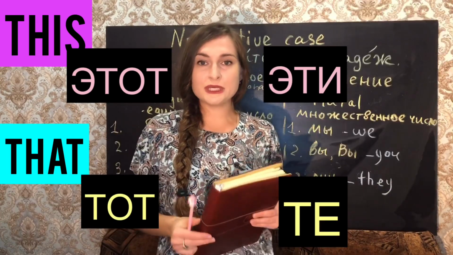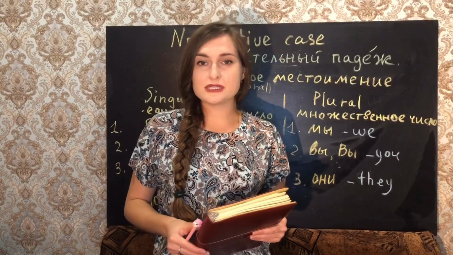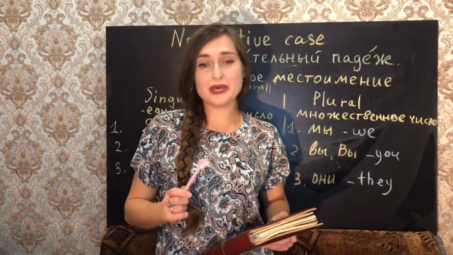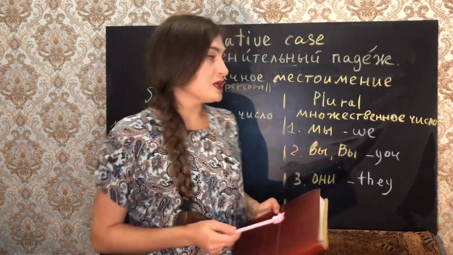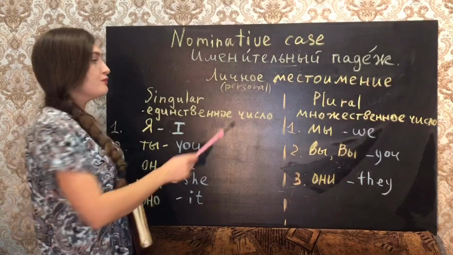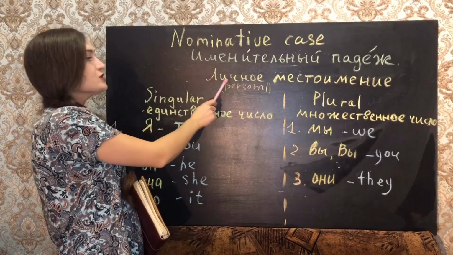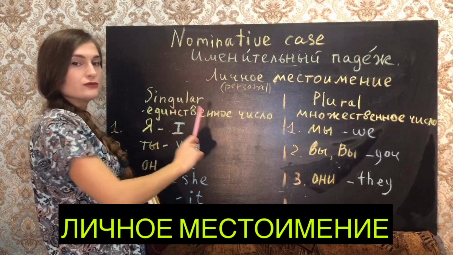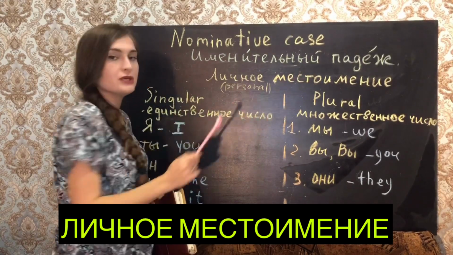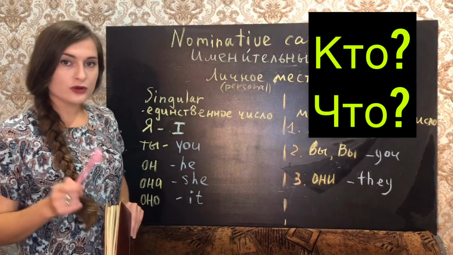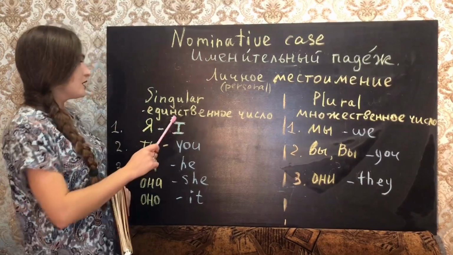So let's speak at first about personal pronouns to realize nominative case better. Okay, it will help us later. If you remember, personal in Russian language, личное местоимение, personal pronoun, answers the questions кто, что, who, and what.